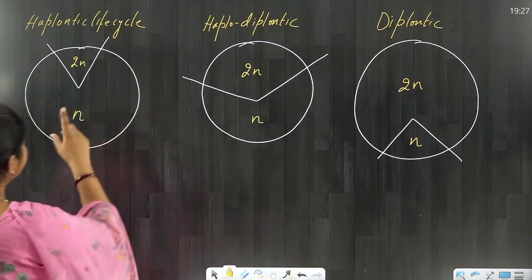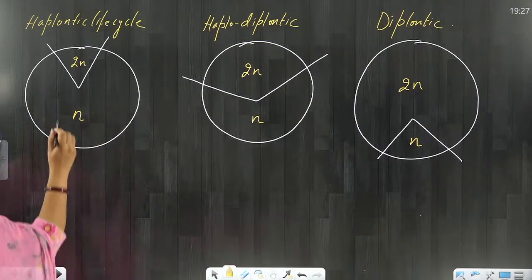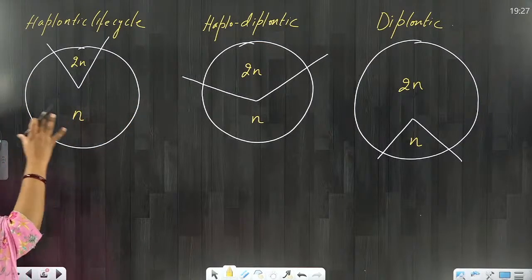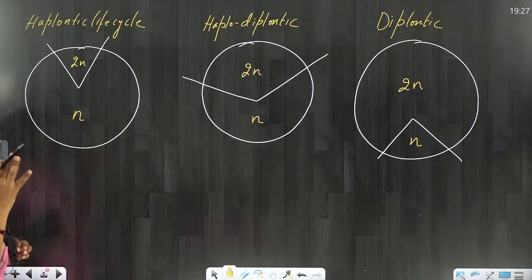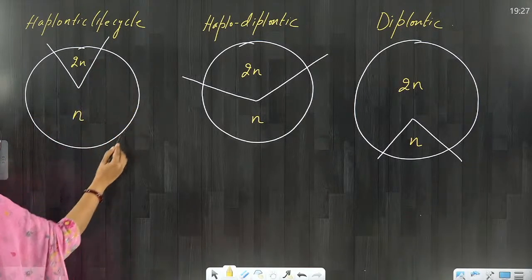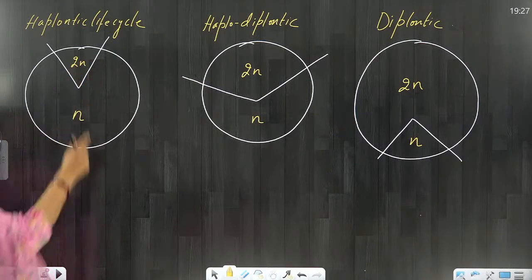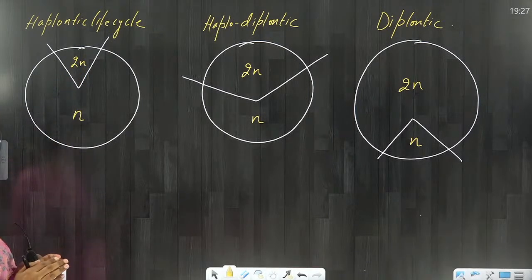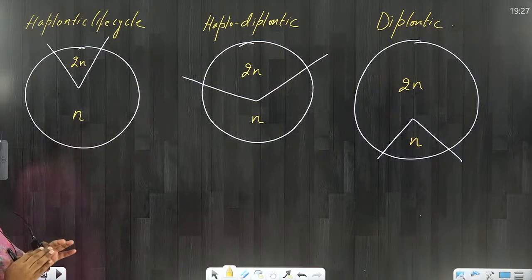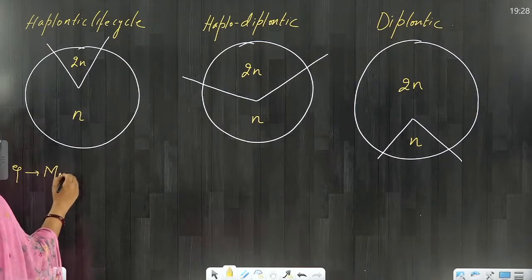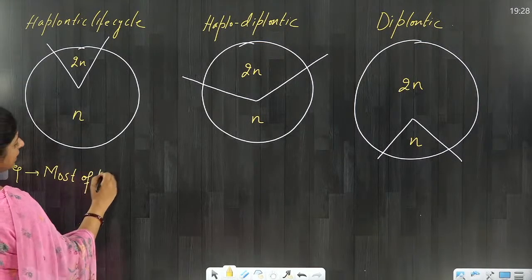If I am taking haplontic life cycle, can you see the much duration the members of the haplontic life cycle are spending in gametophytic phase, and much less time they are spending into the sporophytic phase. Where this haplontic life cycle is found, this is present in case of most of the algae.